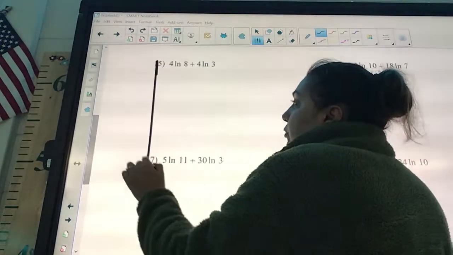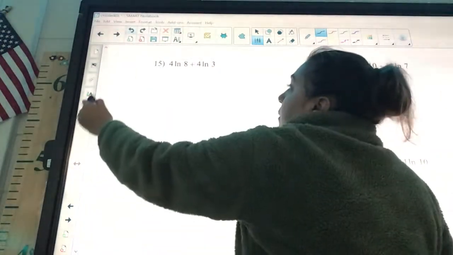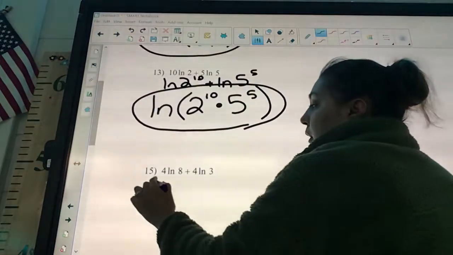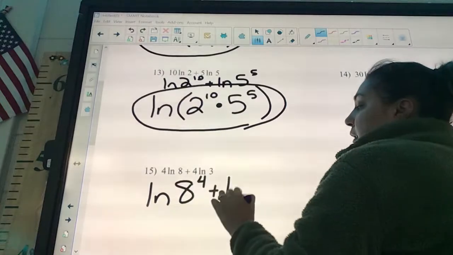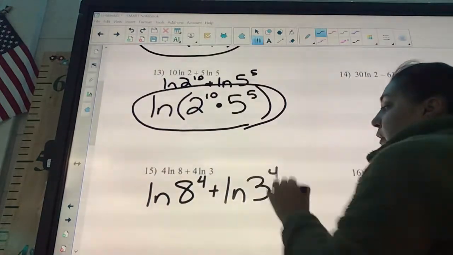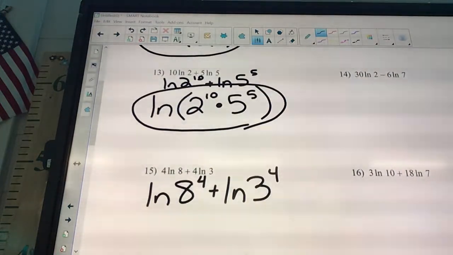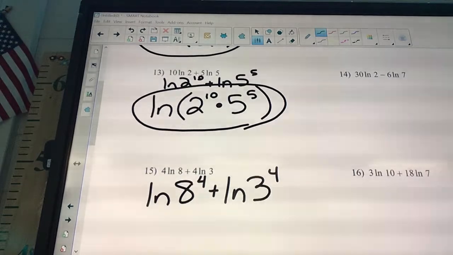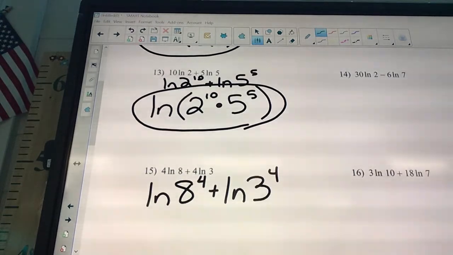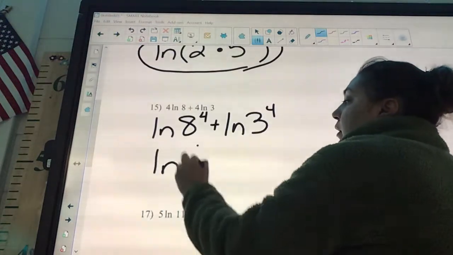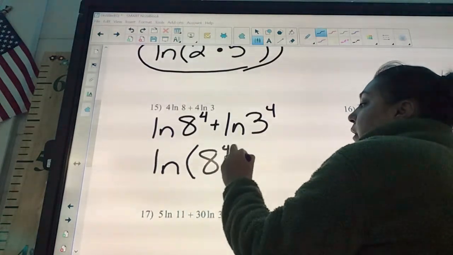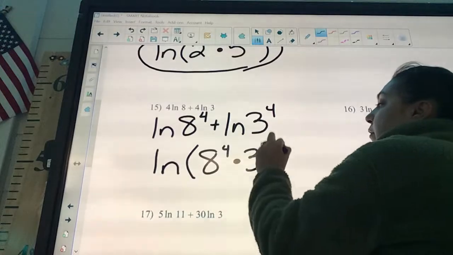Okay, we got natural log of 8 to the 4th plus natural log of 3 to the 4th. Natural log of 8 to the 4th times 3 to the 4th. Good.